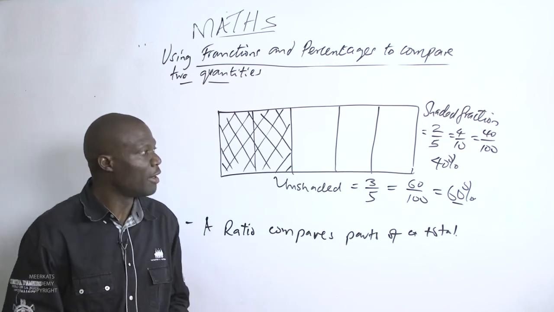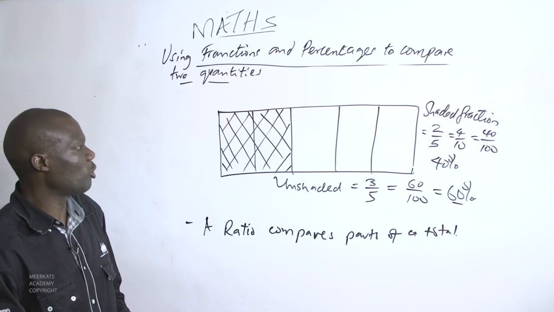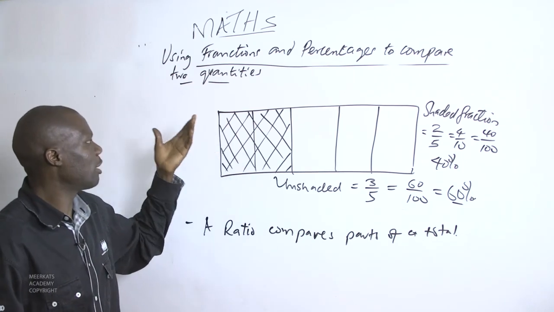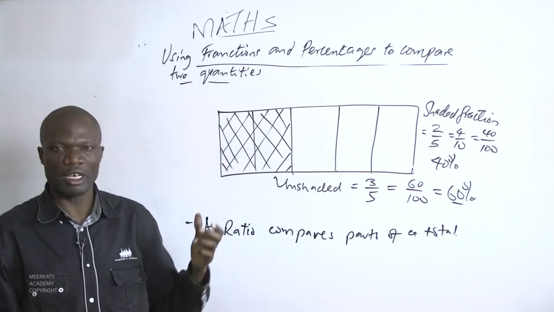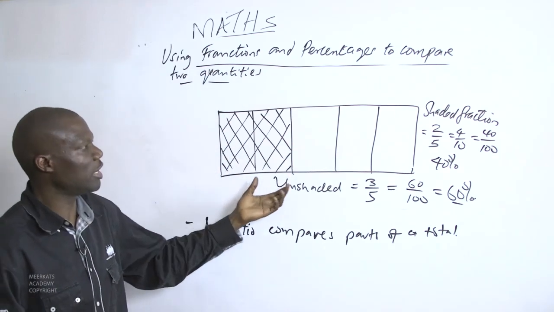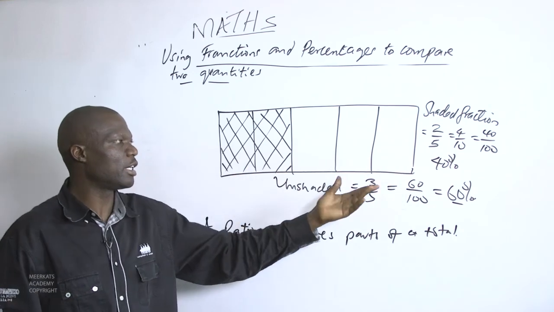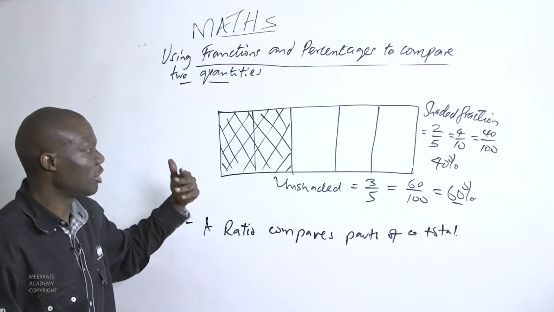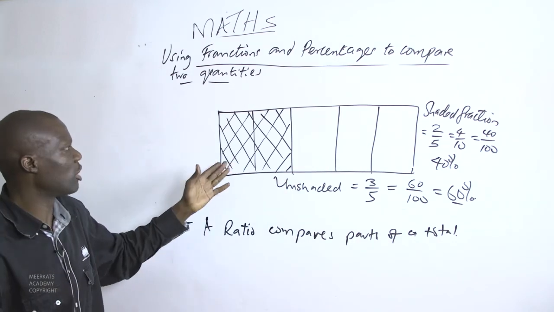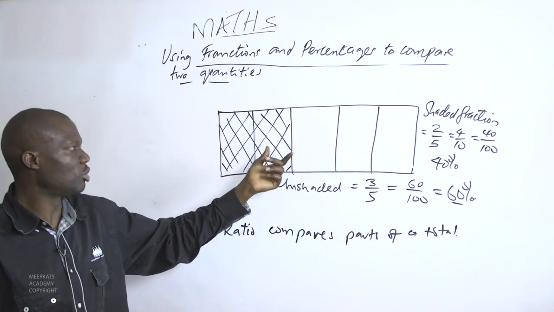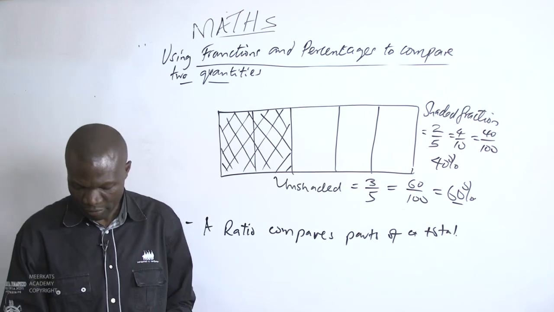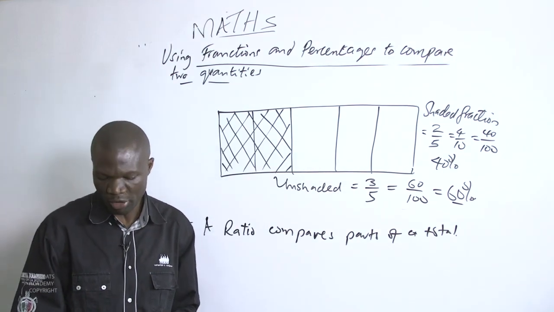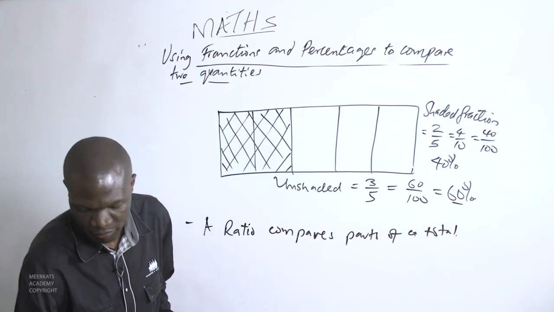The principle we wanted to show is the comparison between the shaded and unshaded. We've identified that the shaded is 40% and the unshaded is 60%. The whole of it represents a whole, or it's simply a ratio of 2 to 3, that is 2 parts of the shaded and 3 parts of the unshaded.